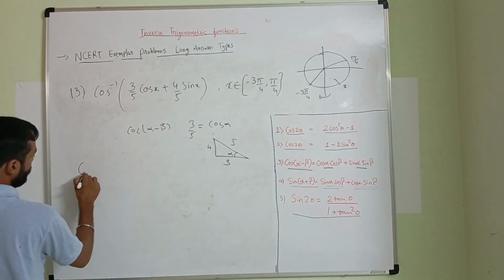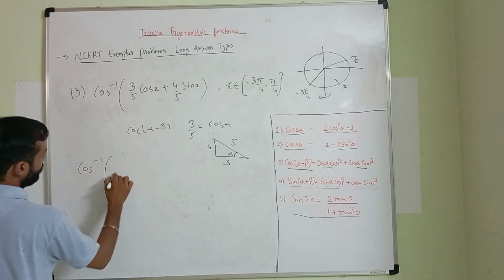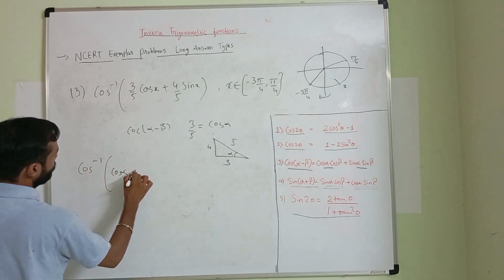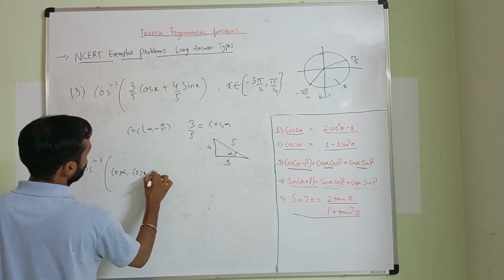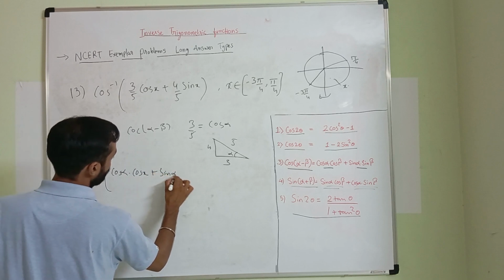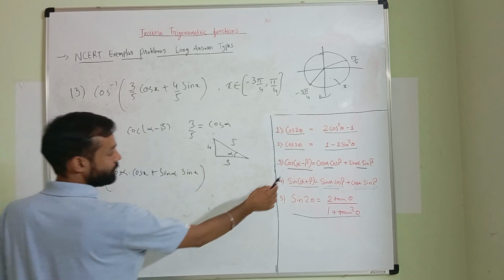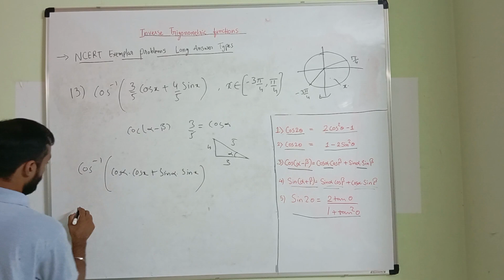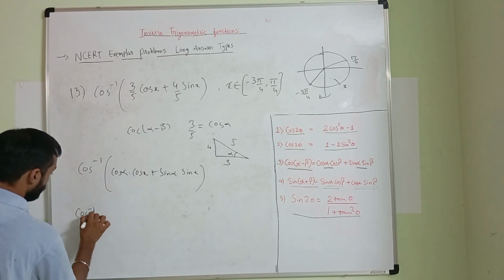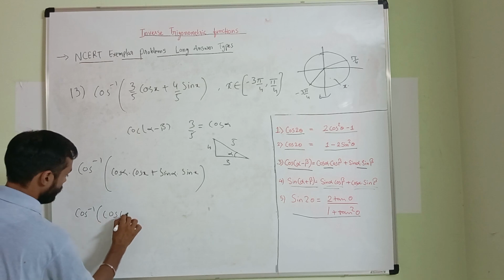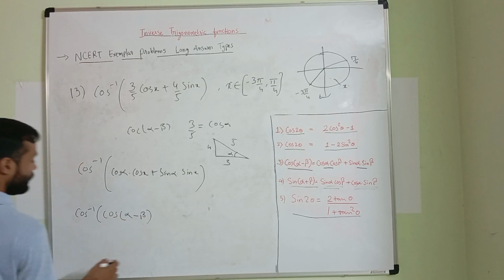Now we will write it here, cos inverse of cos alpha into cos x plus sin alpha into sin x. Now it is in the form of cos(alpha minus beta). So we will write cos inverse of cos(alpha minus x).